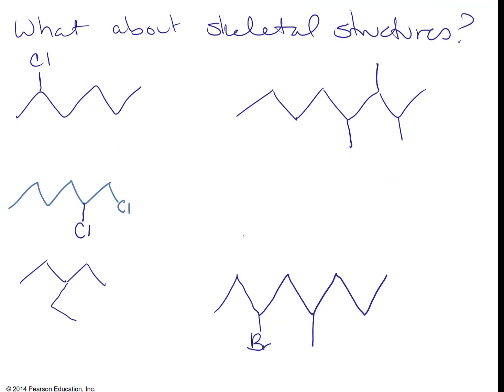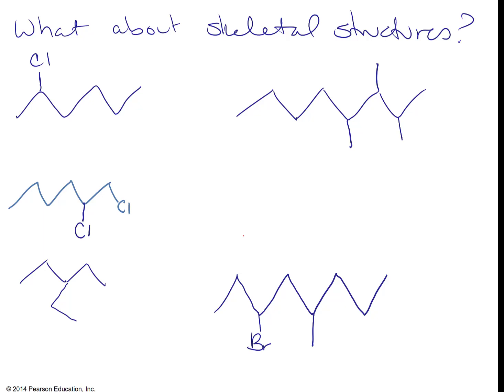So other ways that you might see molecules drawn. These are skeletal structures. Super simple for me to draw. I don't get hand cramps trying to put in carbons and hydrogens, but you've got to remember what this means.